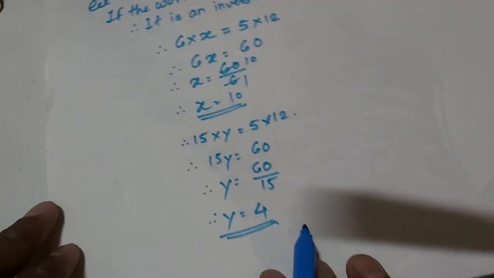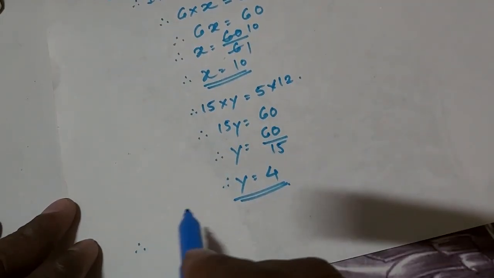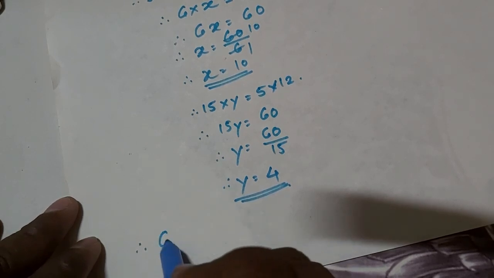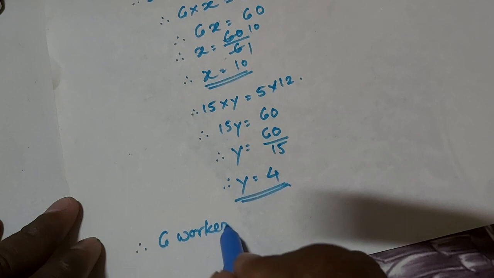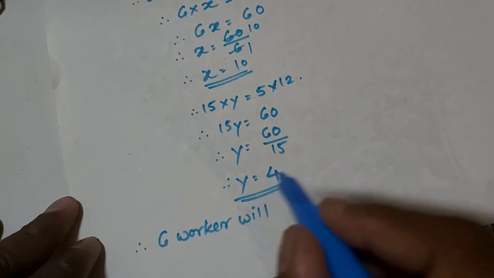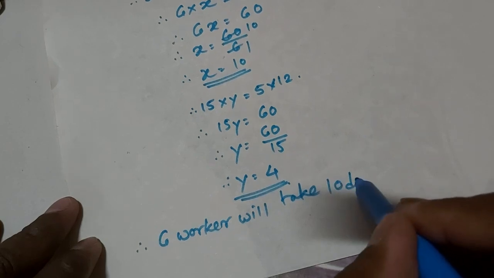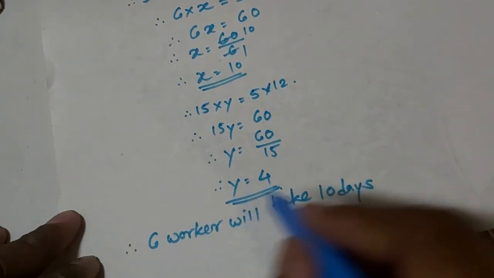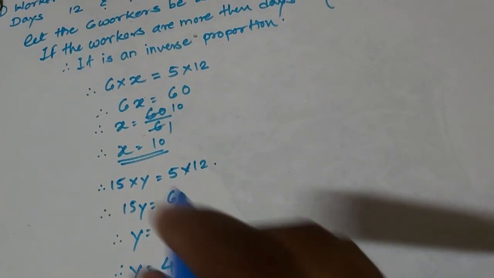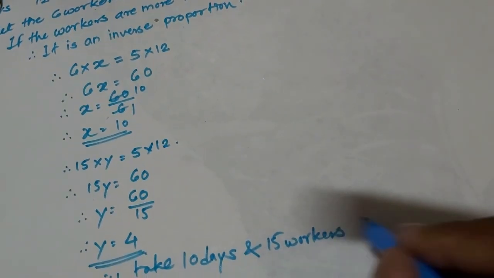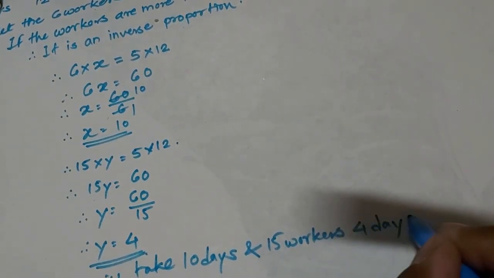Now you have to write the full sentence. Therefore, 6 workers will take 10 days and 15 workers will take 4 days.